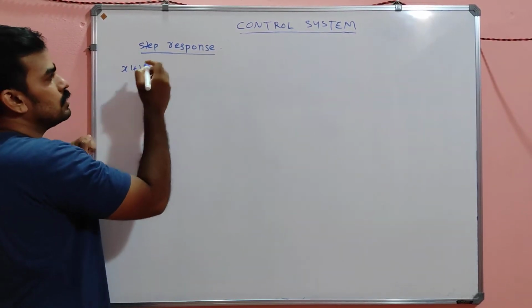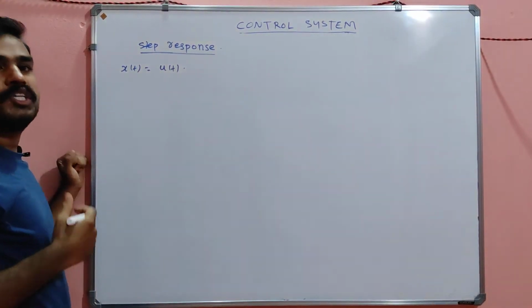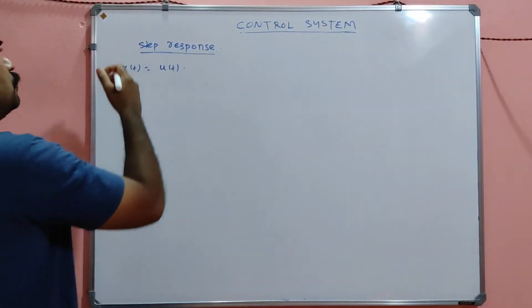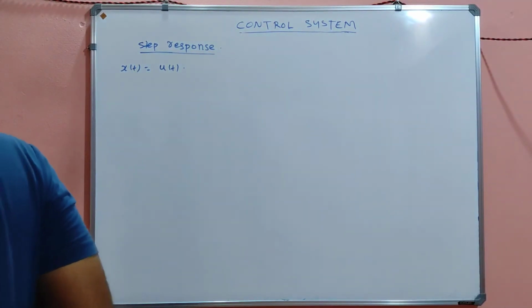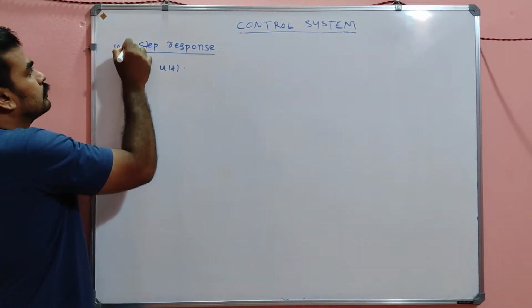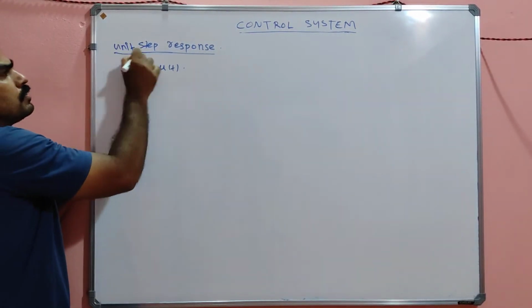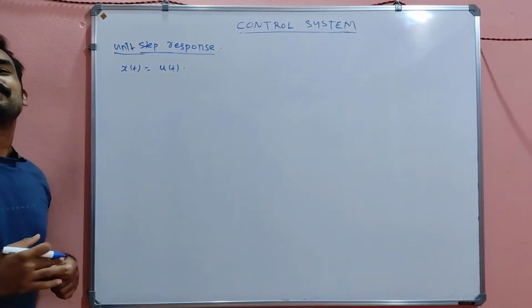If it is a step, it will become u of t, the unit step. So you can write unit step response. Simply step response means a into u of t. So the unit step response is very easy, right?